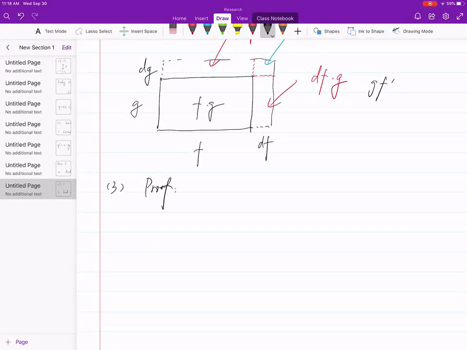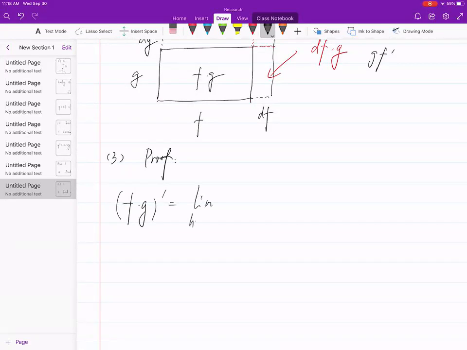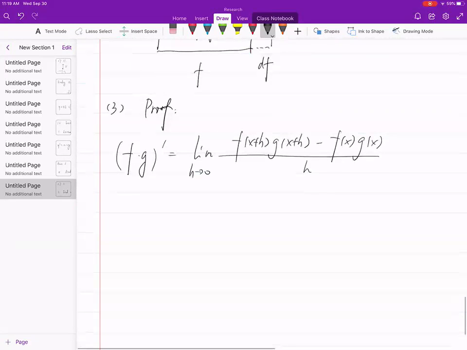Okay. And for proof, we have nothing better other than the definition. So what's the derivative? It's this. Good so far?